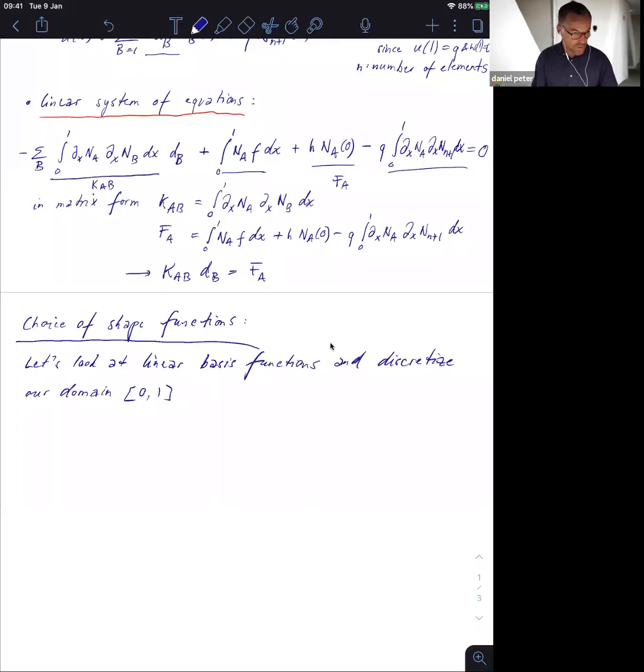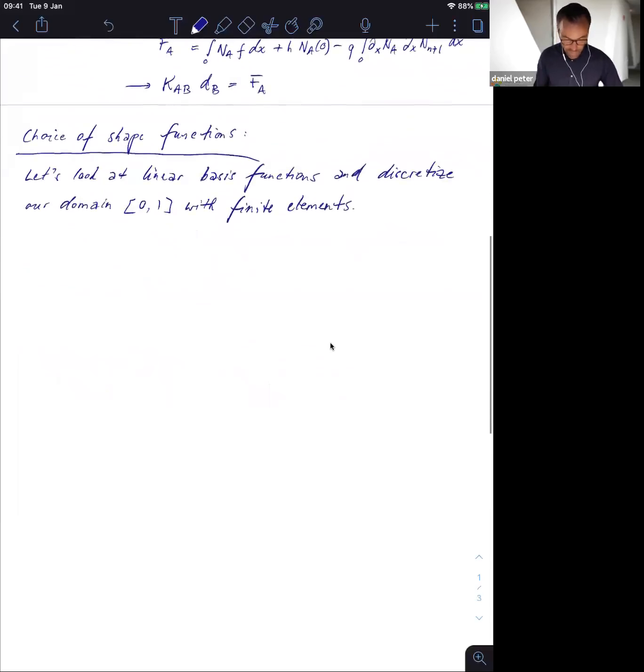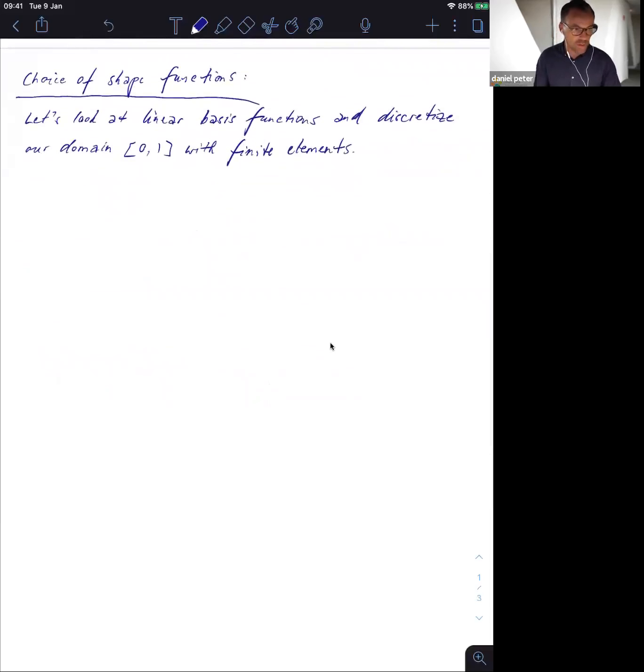And we discretize it with finite elements. What we are going to do now is, let's just start with one element, then two elements, and see how that would look if we set up our system of equations in matrix form.